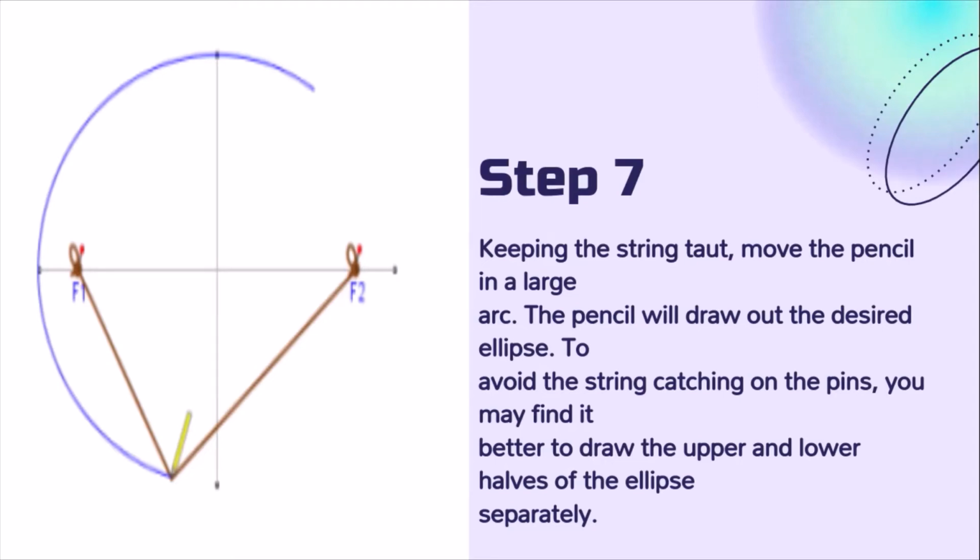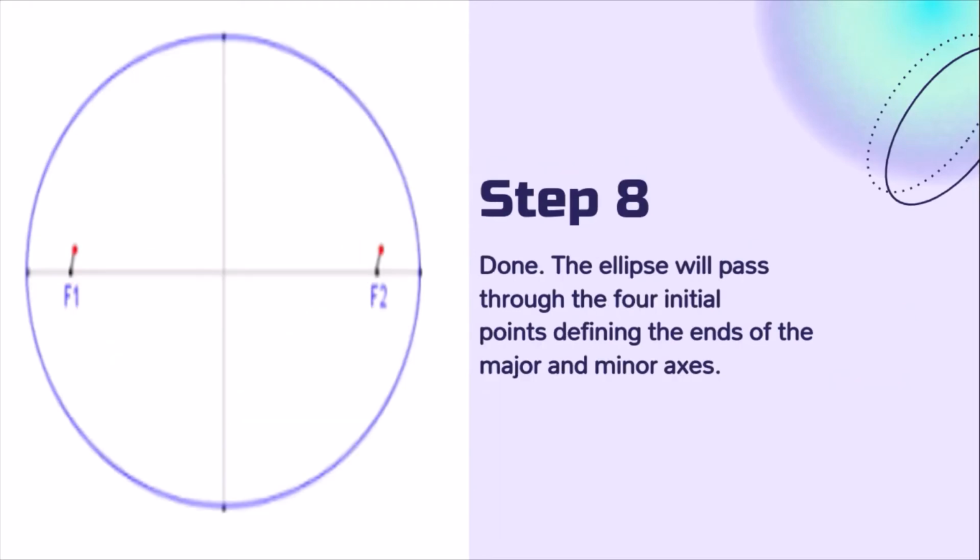To avoid the string catching on the pins, you may find it better to draw the upper and the lower halves of the ellipse separately. Step 8. Done. The ellipse will pass through the 4 initial points, defining the ends of the major and minor axes.